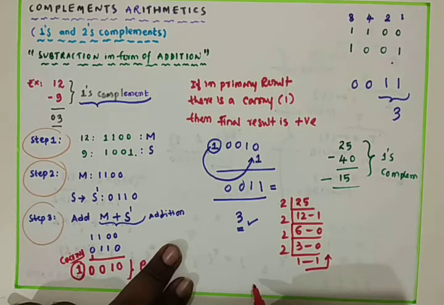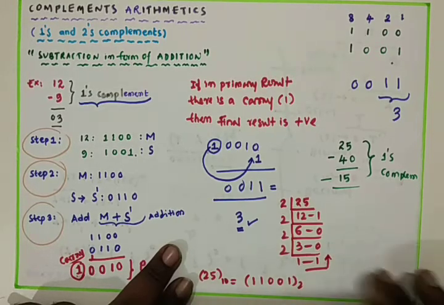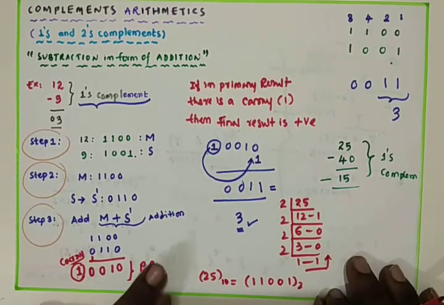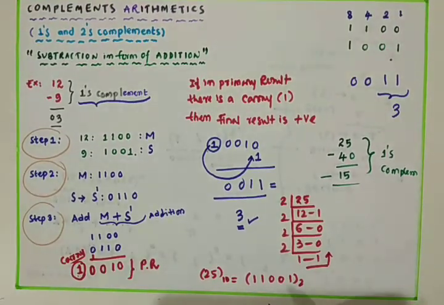This is 11001 base 2, which is equivalent to 25 base 10. We have studied the conversion of numbers from one number system to another. 11001 is the binary number equivalent to the decimal number 25.